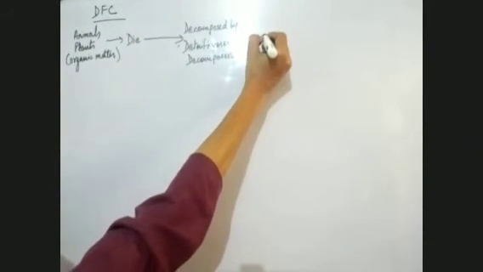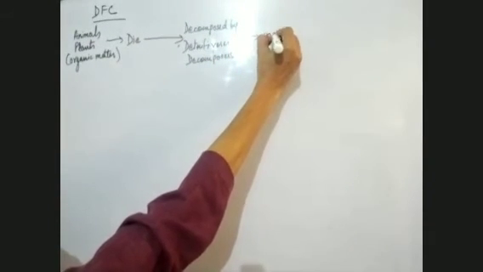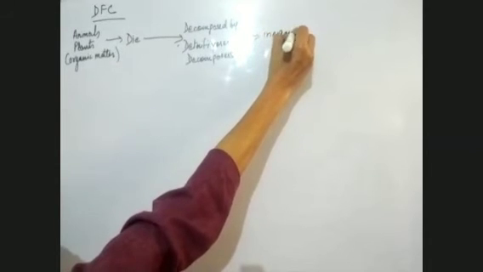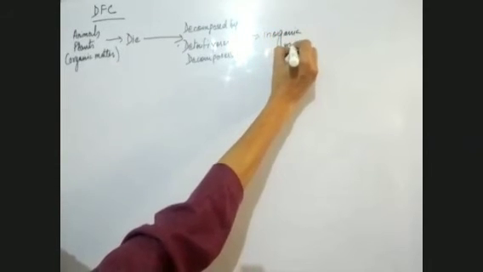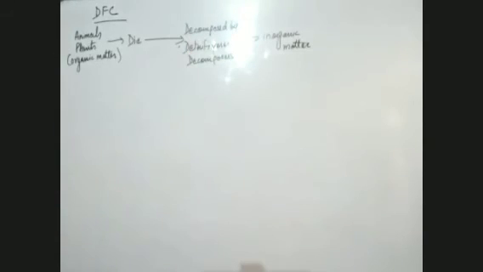That means again something which had a bigger biomass is broken down into smaller pieces. So ultimately from the organic matter, again what is given out is inorganic matter. That means again this DFC will form inorganic matter.